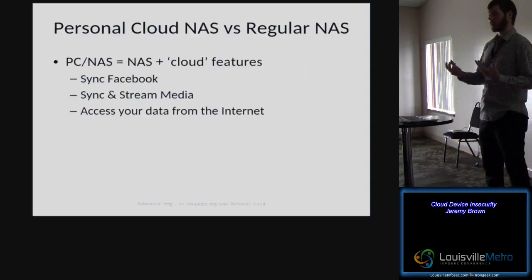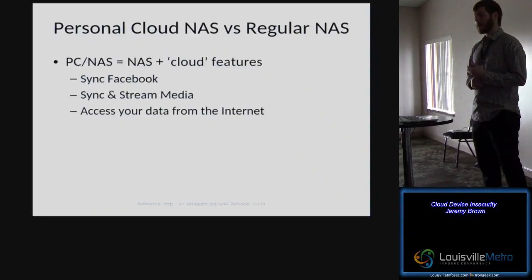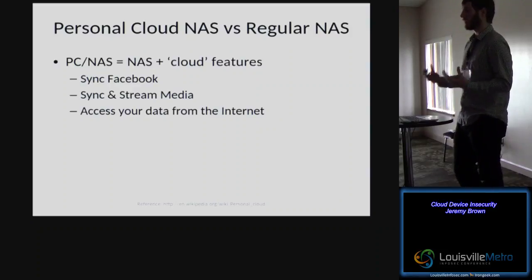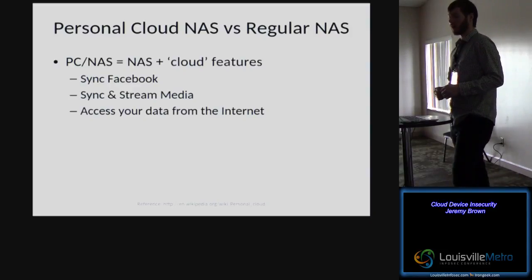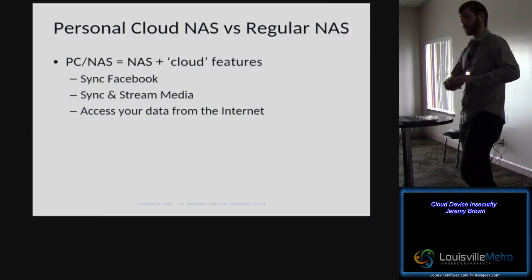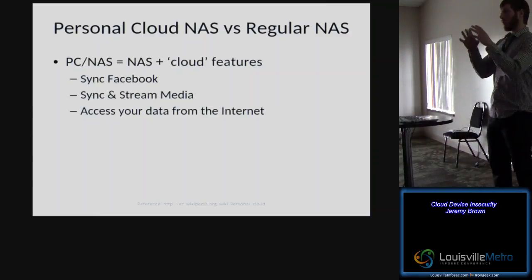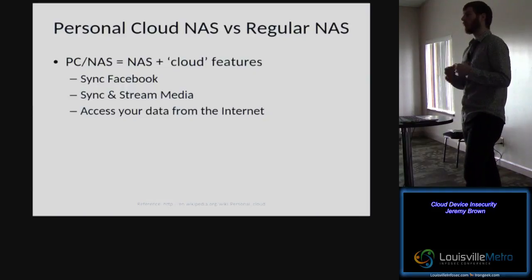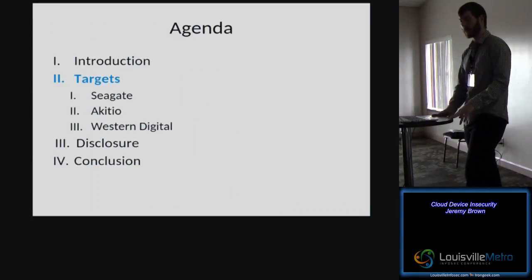A cloud NOS, you should kind of call it, is like a network-attached storage, so a hard drive that has a network capability, or you just plug a hard drive in the computer and hit share, but it has a chip, it has memory, it has an operating system that provides all these different features that normally you'd have to do separately. So that's what I'm talking about. If you can envision a box, a hard drive, and operating system running it, you plug it into your network, this is the cloud device that I'm going to be talking about.